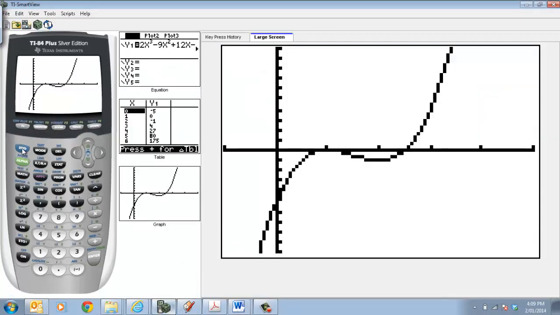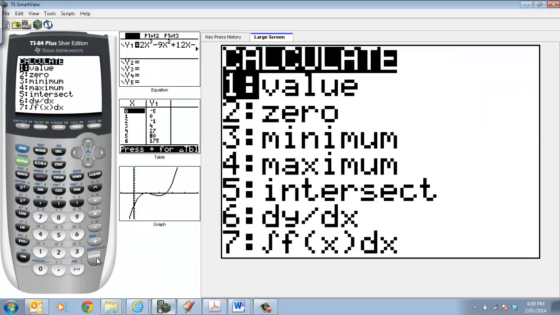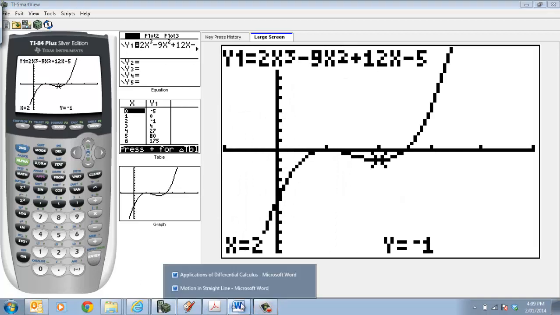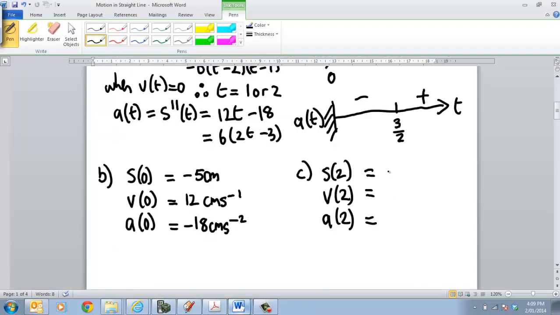So if I just put 2 in there, my S of 2 is negative 1 centimetre. We know at 2 it changes direction, so we know it's 0 centimetres per second. And when I put 2 into there, that's going to be 24 take 18, which is 6 centimetres per second squared.